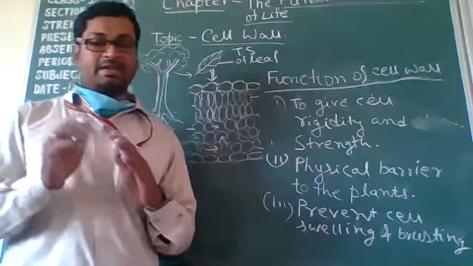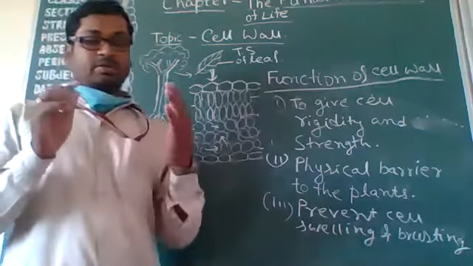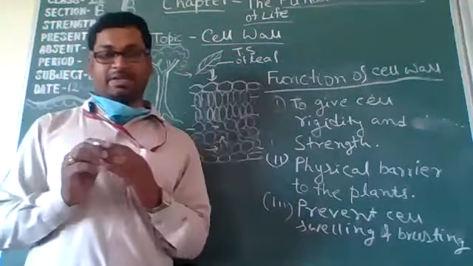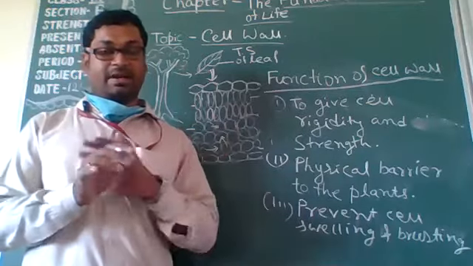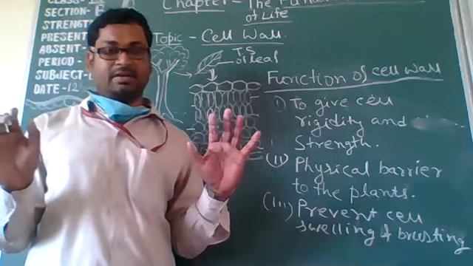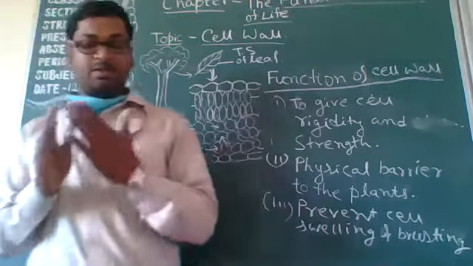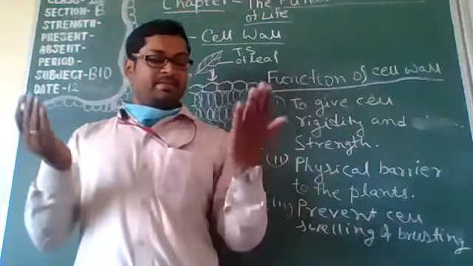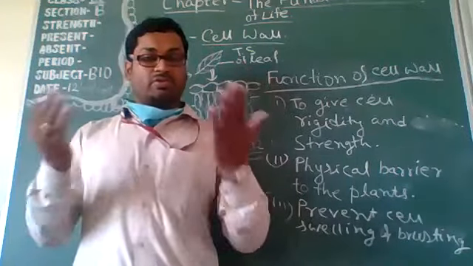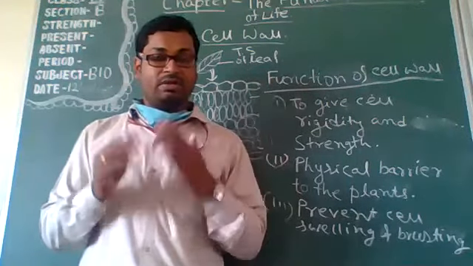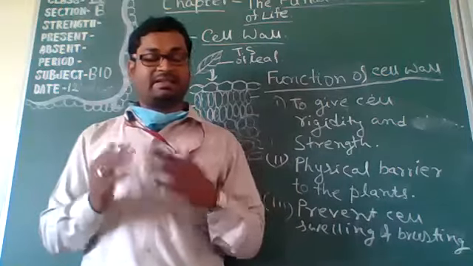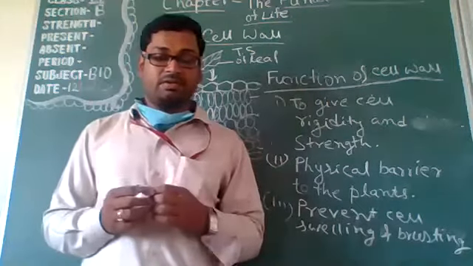Okay, in the next class we will study about osmosis and diffusion, hypertonic solution, different types of solutions. Okay, what do you mean by solutions? Solutions means solvent plus solute. Solution is equal to solvent plus solute.